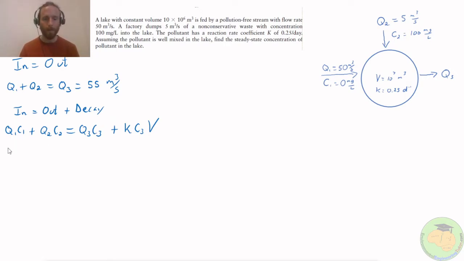So let's start subbing in variables. Q1, C1, since C1 is 0, this term is immediately going to go to 0. So 0 plus 5 cubic meters per second times 100 milligrams per liter.